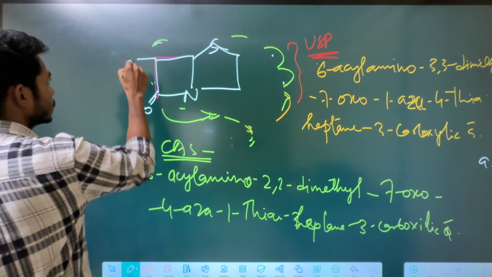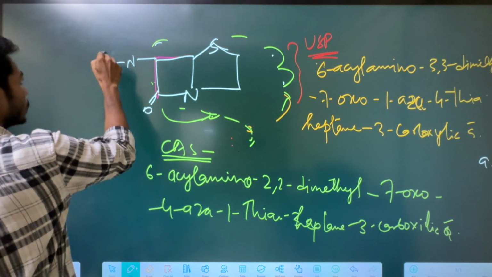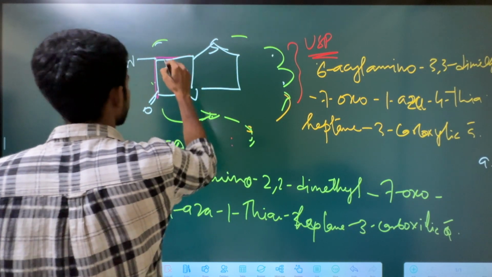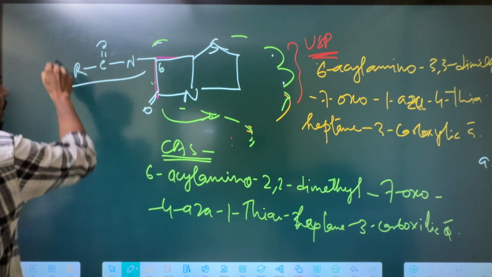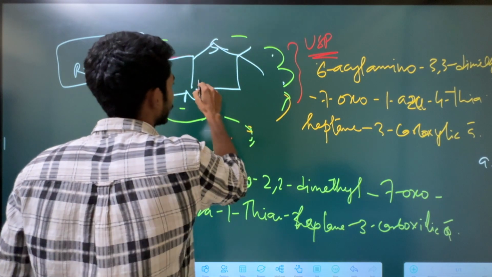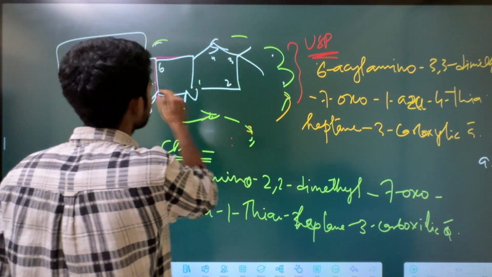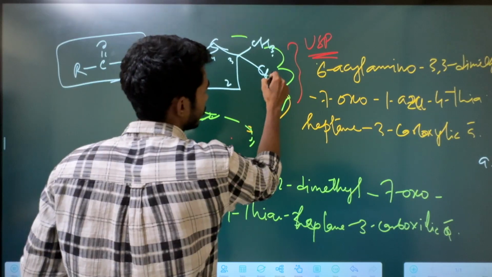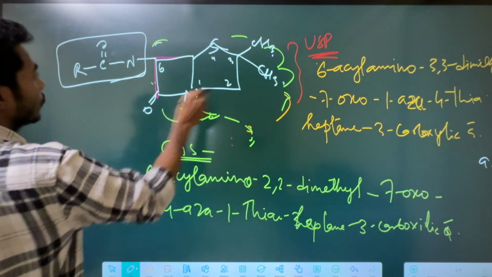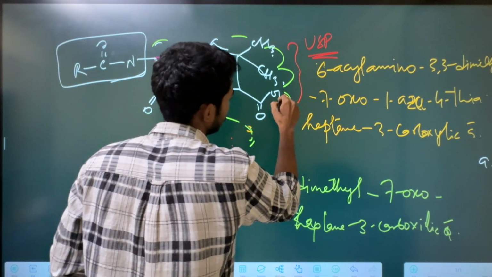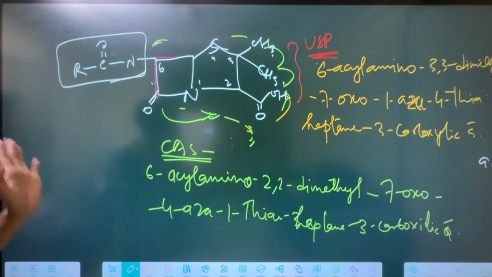So along with that, you will see only the acyl amino group is present here, right? So you will simply say 1, 2, 3, 4, 5, 6. 6 position. So 6-acyl amino, 3,3-dimethyl. What is it called directly? Penam 2-carboxylic acid. Okay? That is the derivative of penam.